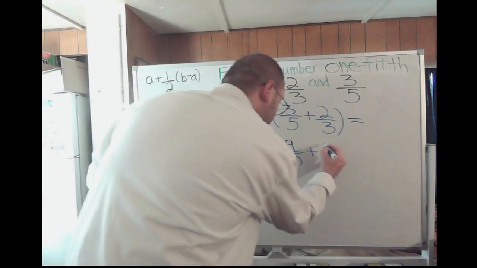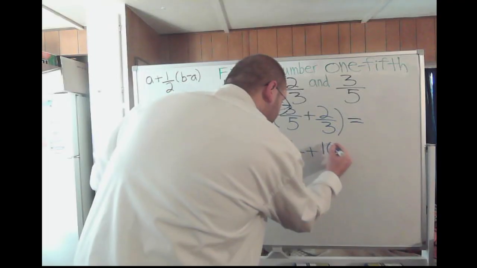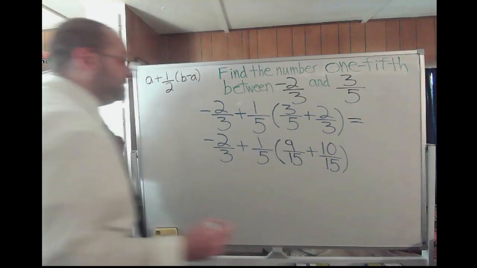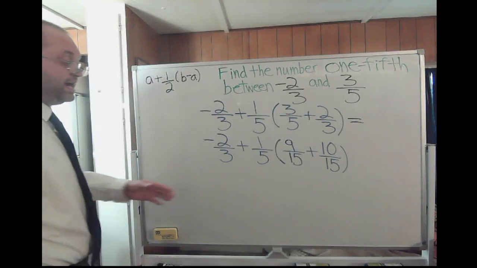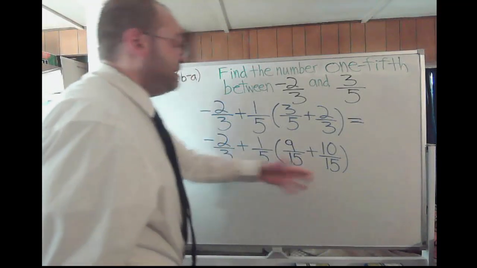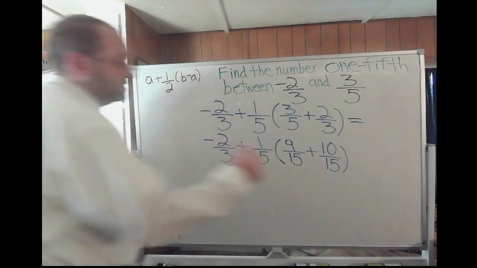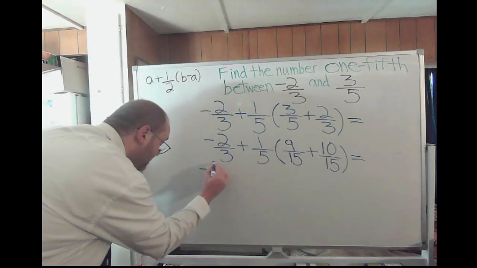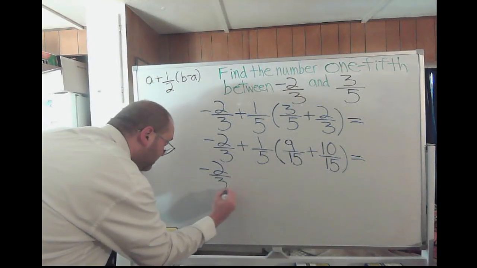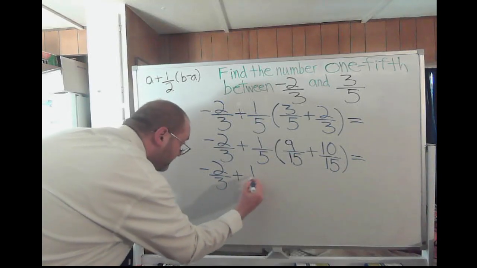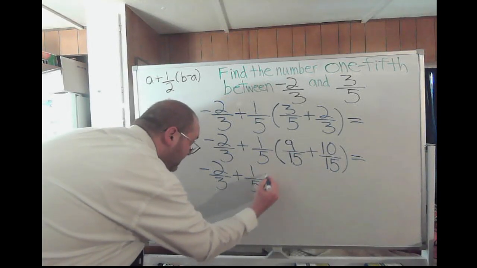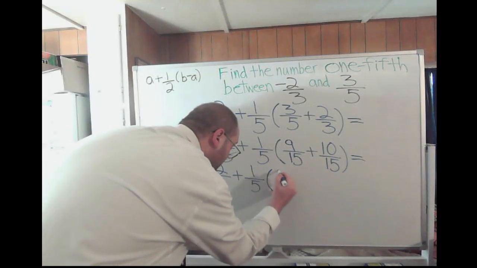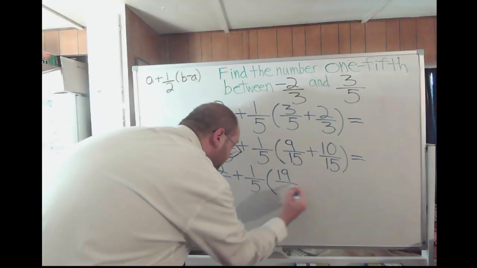If we do that, you'll get 10/15. So at least now in the parentheses, we have two fractions with the same common denominator. Let's continue a step further inside the parentheses. You'll end up having -2/3 plus the 1/5 times, now 9 plus 10, that's 19. You'll end up getting 19/15.